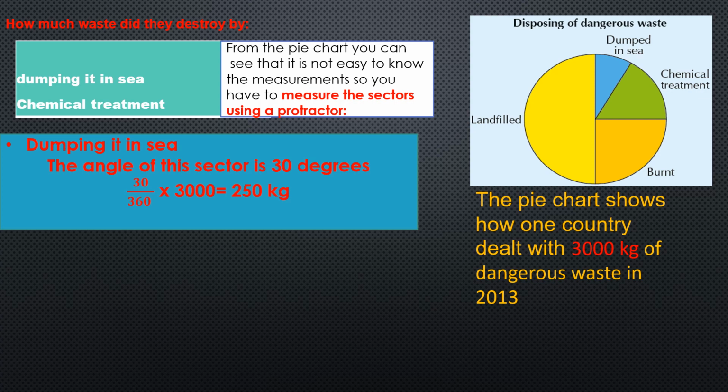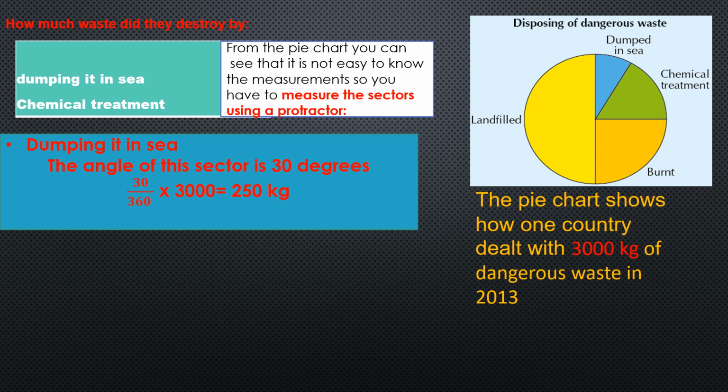So since we are using angles, you have to get the total of these angles, which is a full rotation of a circle, 360. So you have to put 30 over its total. Since we are dealing with degrees, the total is in degrees, 30 over 360, and then you multiply it by the given total, which is 3000.